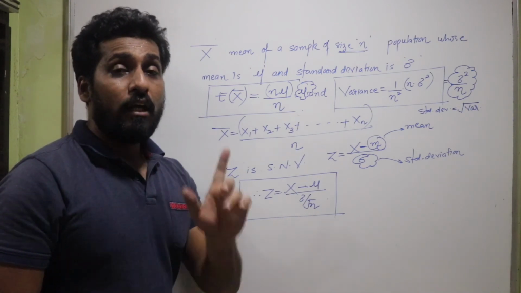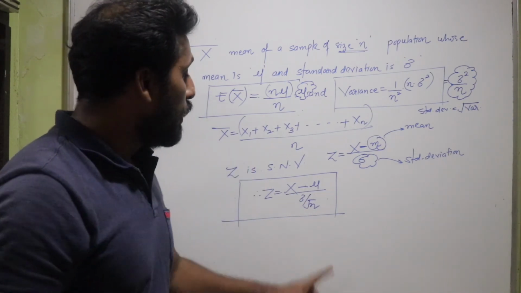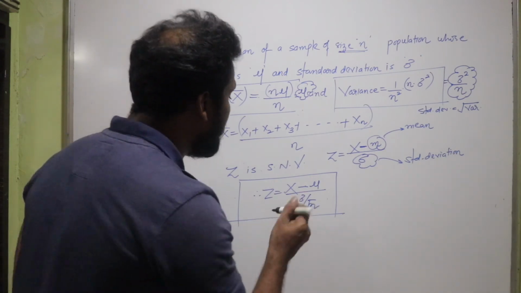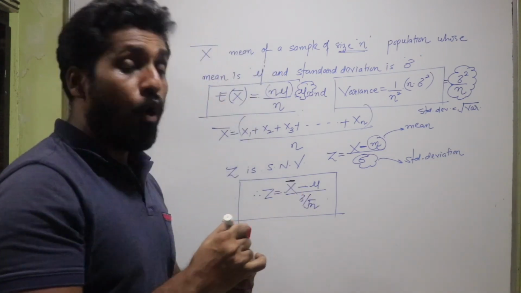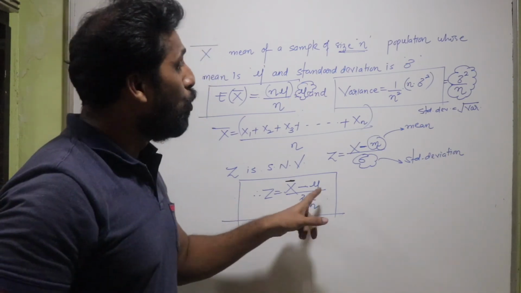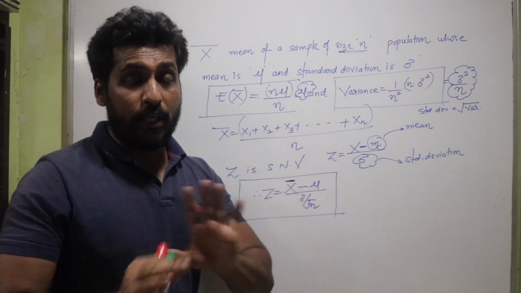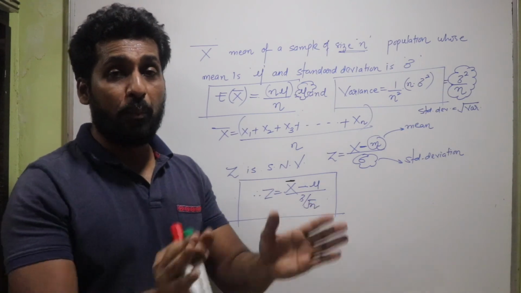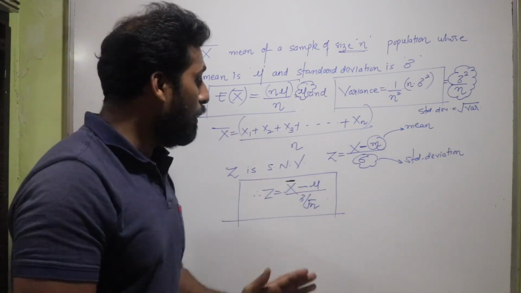You understand the terminologies very properly. So x, or I can better say this is x bar. It is the mean of the sample. X bar is the mean of the sample. Mu is the mean of the population. So there should be a clear distinction between the mean of the sample and mean of the population.